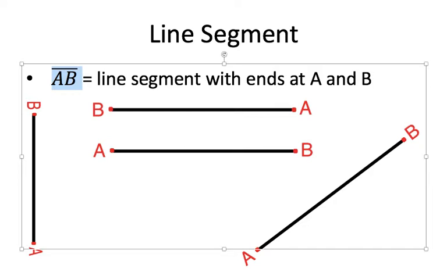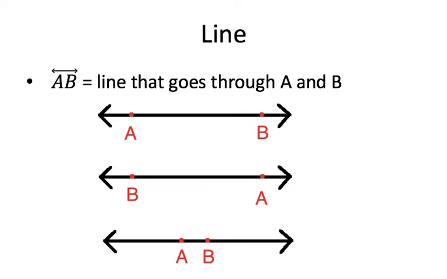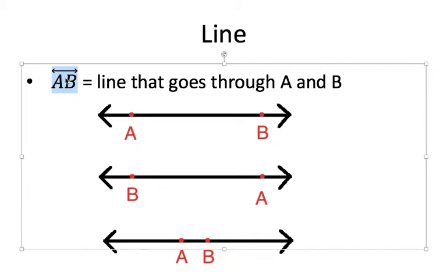Okay. If you wanted to do the whole line instead of just a piece of a line, you would draw a line with the two little arrows on either side. And this is the way you would read this. You just read it as line AB. And the two letters you're using, AB, are any 2 points on the line.